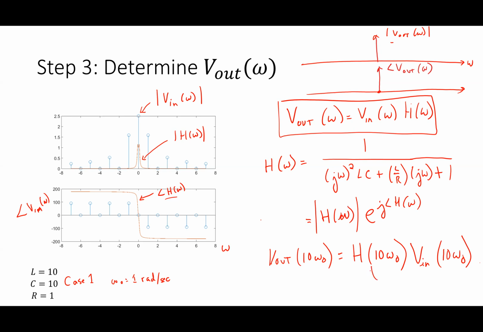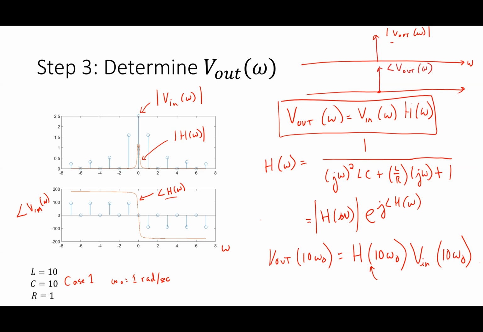And because this is getting smaller as frequency goes up, it appears from this graph that the magnitude of H at a pretty high number is going to be getting pretty close to 0. So that tells me that high frequencies are getting reduced.